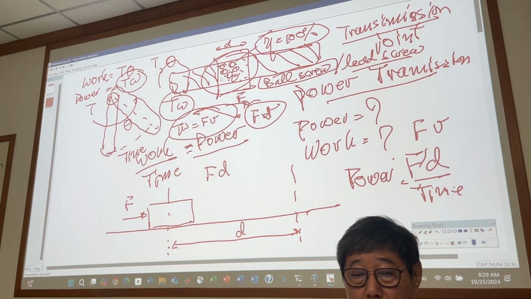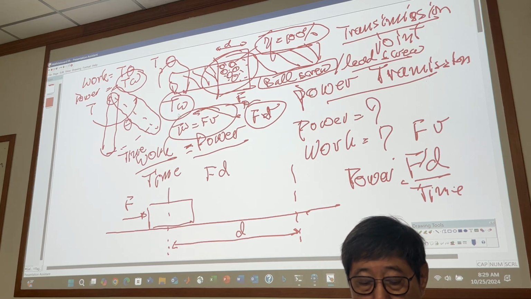So we just talked about power conversion, right?